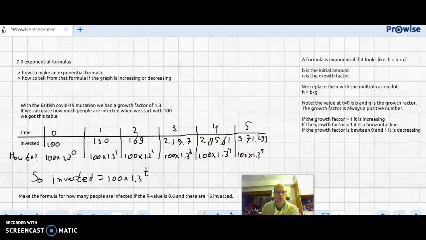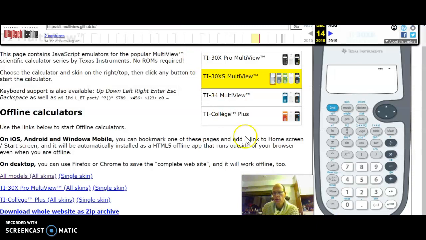If you want to calculate that with your calculator, there is a nifty button for that. So we want to calculate 100 multiplied by 1.3 to the power of 4. It is this roof thingy over there.